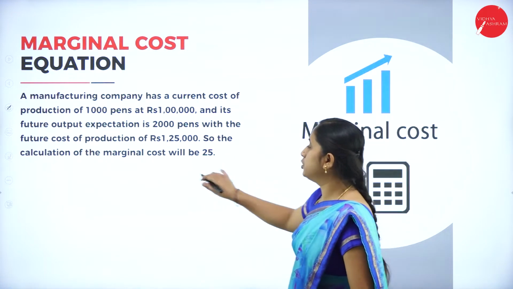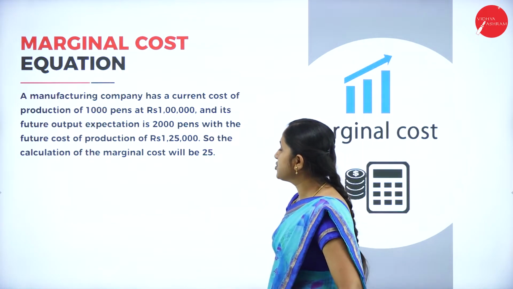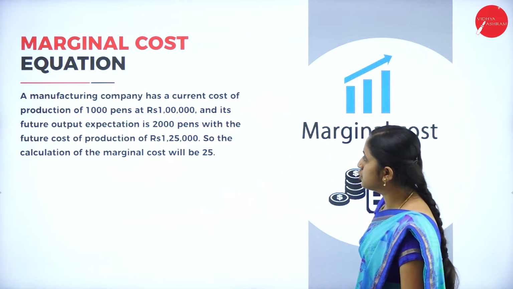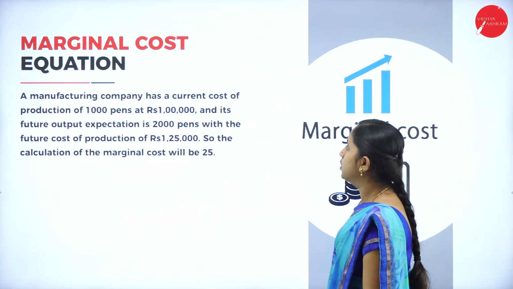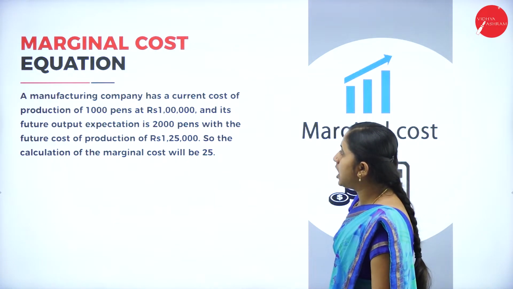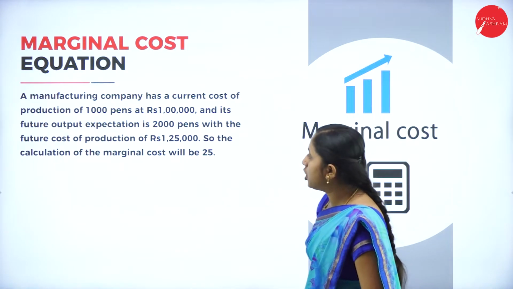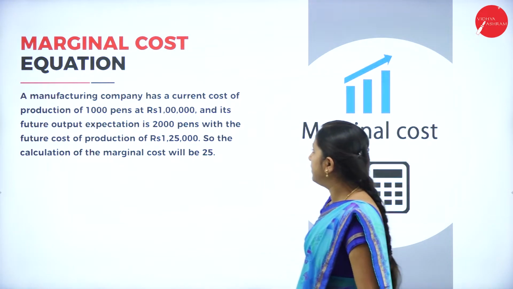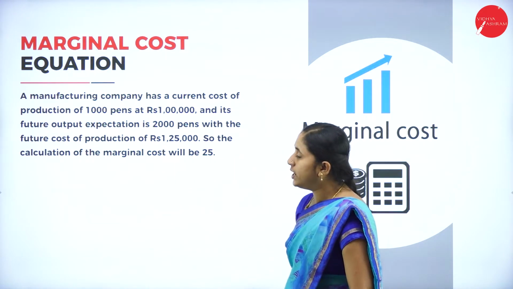It can be explained through one simple problem. Just look at the problem. A manufacturing company has a current cost of production of 1000 pens at rupees 1 lakh, and its future output expectation is 2000 pens with the future cost of production 1,25,000. So, the calculation of marginal cost will be 25.